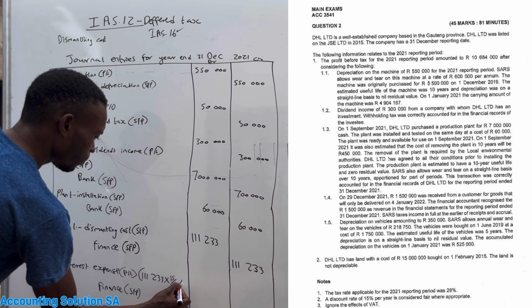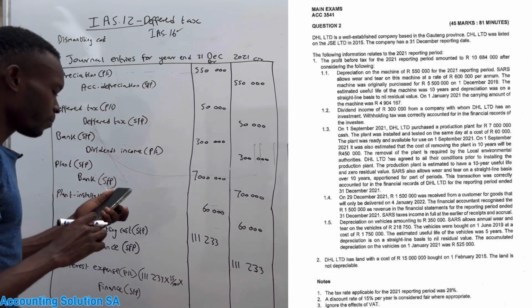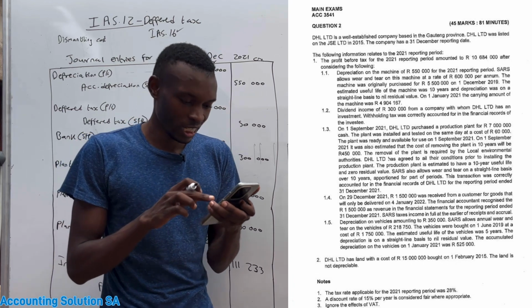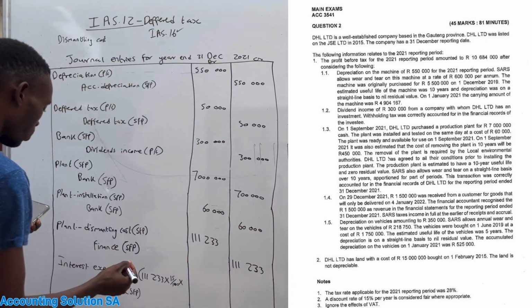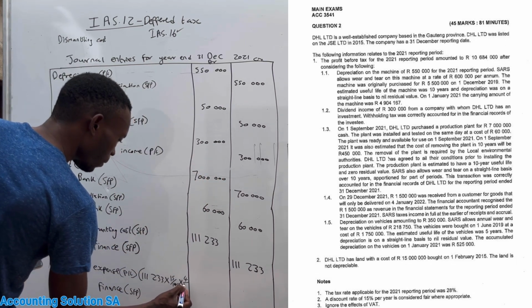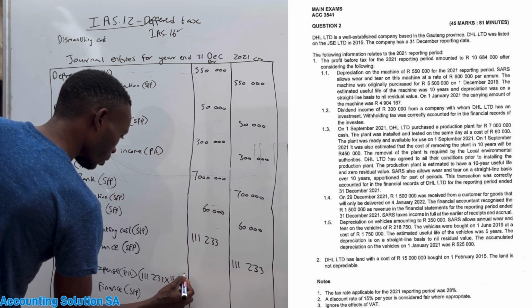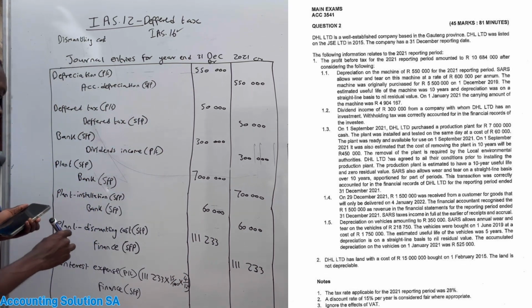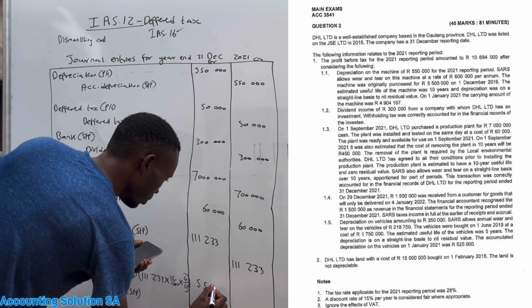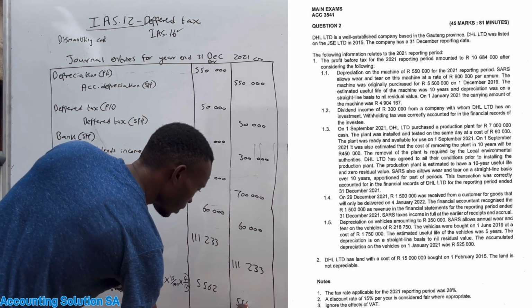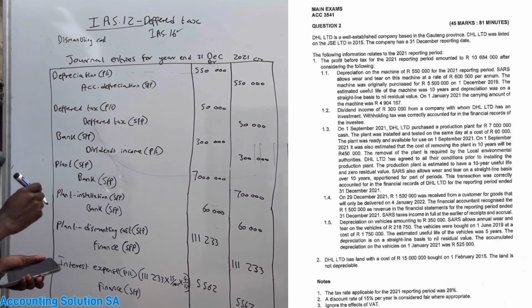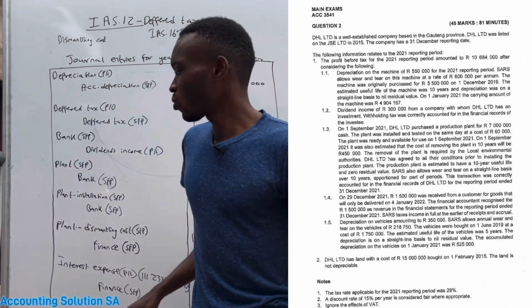But remember, it's only 4 months, so we also have to count the months when we calculate interest. So we're going to count from September, October, November, December. It is going to be 4 over 12. Then it will give you 5,562. Okay, just like that.